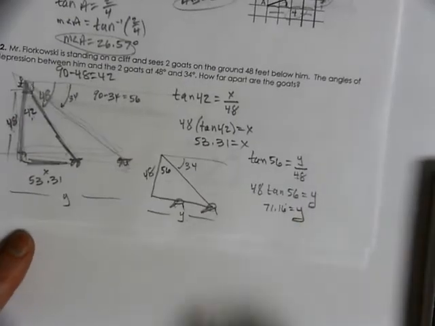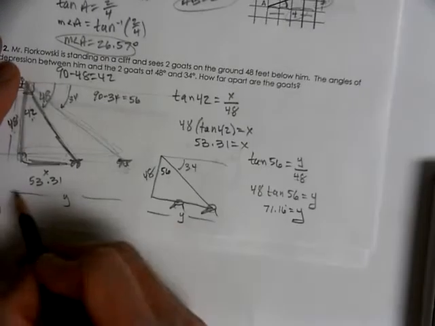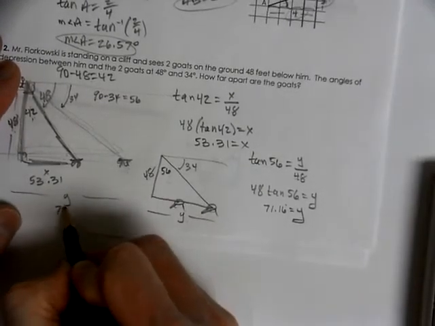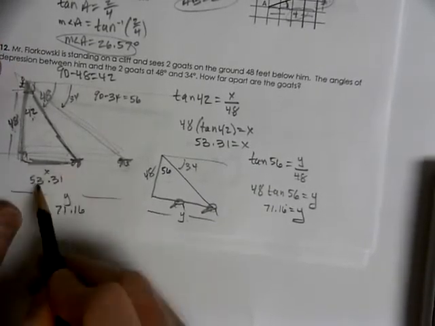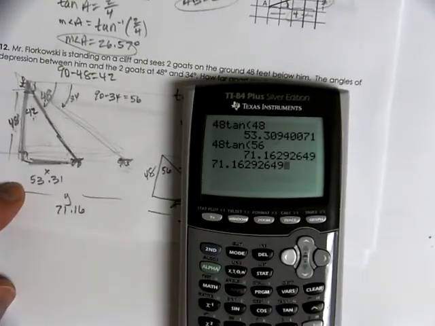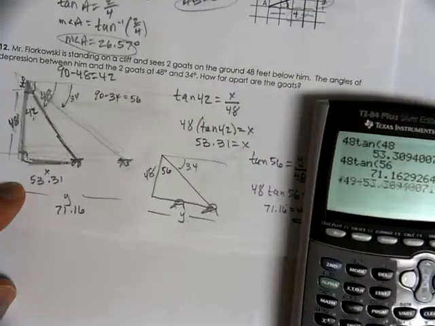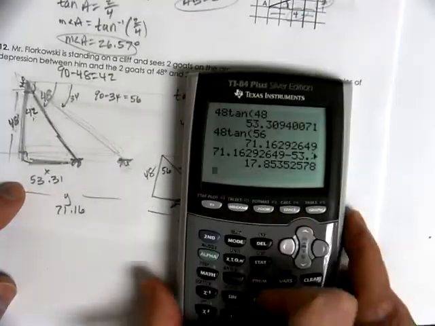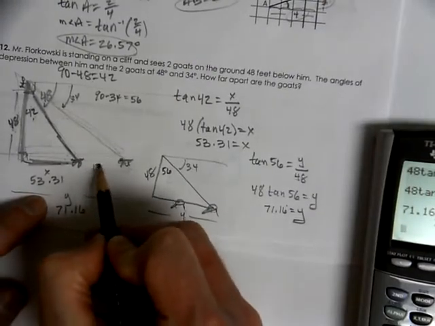So y is going to be 71.16. So the whole thing is 71.16. Part of the whole thing is 53. So we're going to take the 71 and subtract the 53 to find out the leftover amount, 17.85.